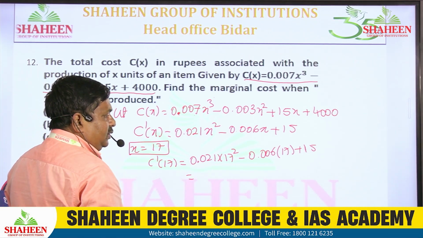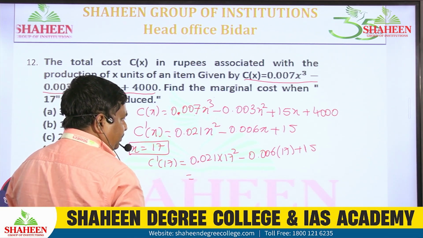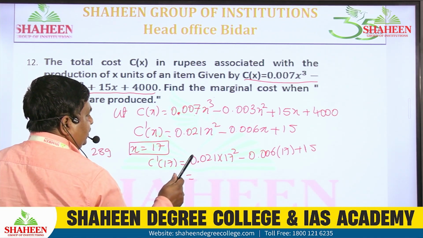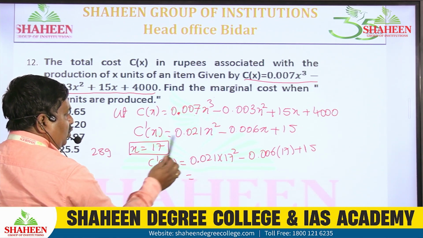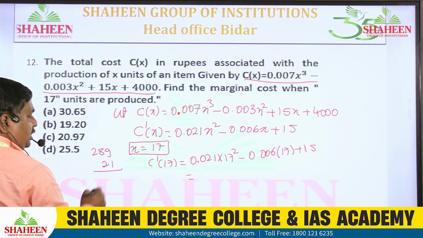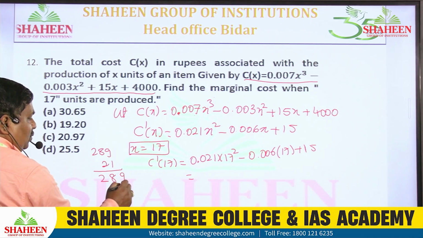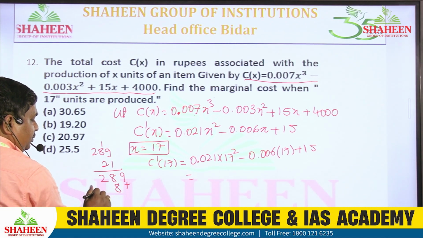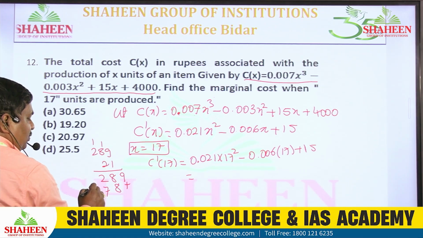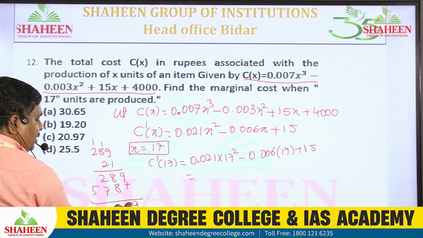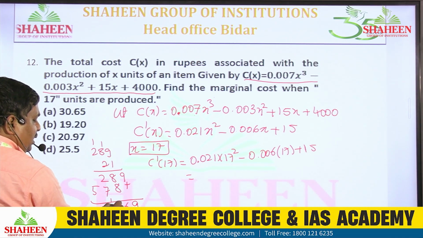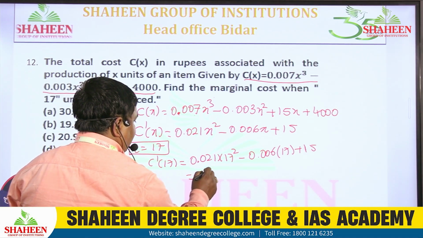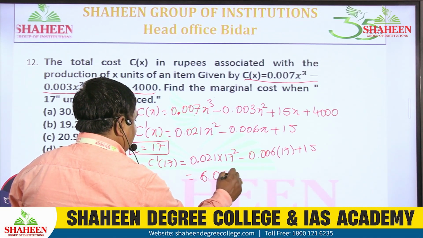17 square is 289. Now multiplying 289 with 21: 1 9 is 9, 1 8 is 8, 1 2 is 2, 2 9 is 18, carry 1, 2 8 is 16, 17, carry 1, 2 2 is 4 plus 1 is 5, so this becomes 6069.